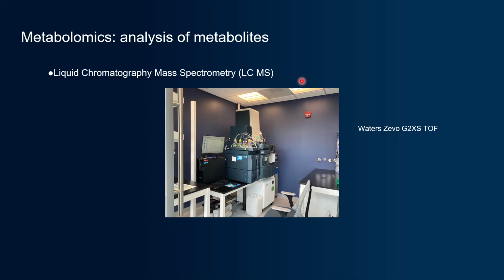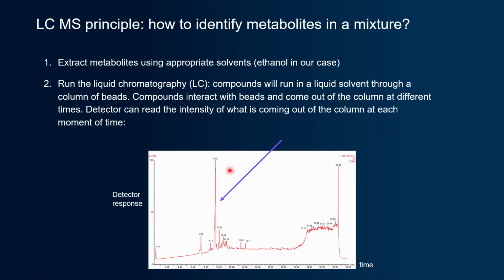It's a huge instrument, takes the whole room. So what we do, we smash the tissues of the fungi, extract some chemicals and metabolites from it, and then analyze using this instrument.